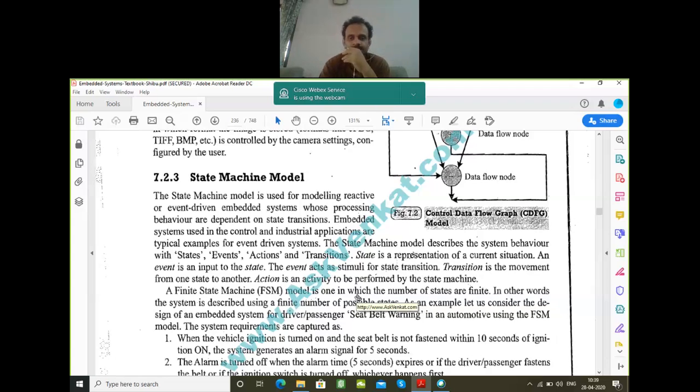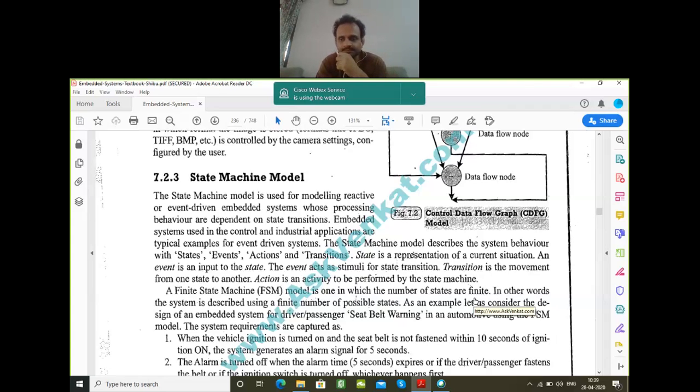Now we move to an important concept called the finite state machine. The finite state machine model is the model in which there are a finite number of states. So we can say how many states are there: 3 states, 4 states, or many states.